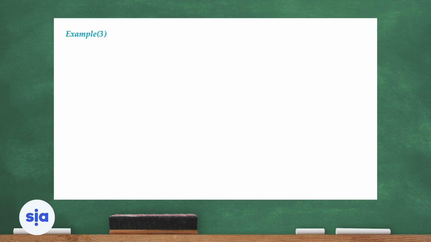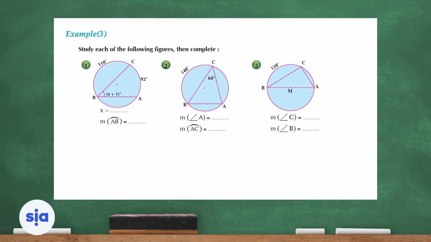Let's see example 3. Study each of the following figures, then complete. How to find x in question number 1? X is an inscribed angle and its subtended arc is arc AC. So, as we just said, angle ABC is half the measure of arc AC.